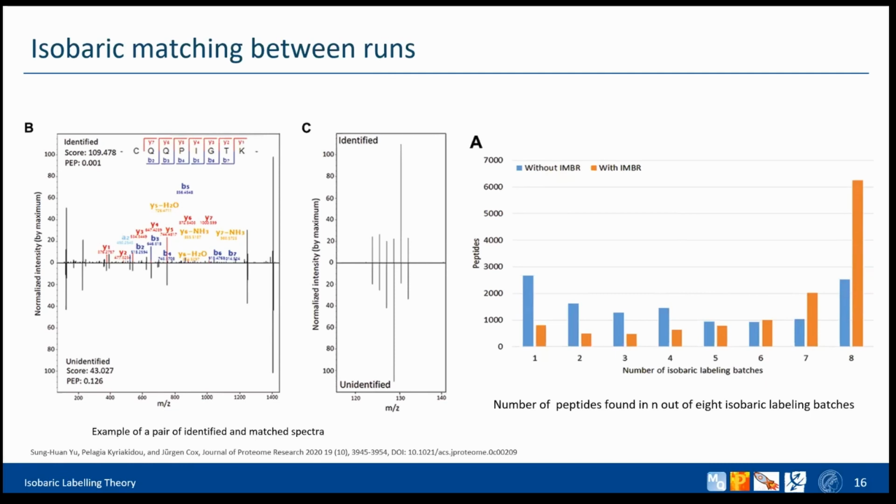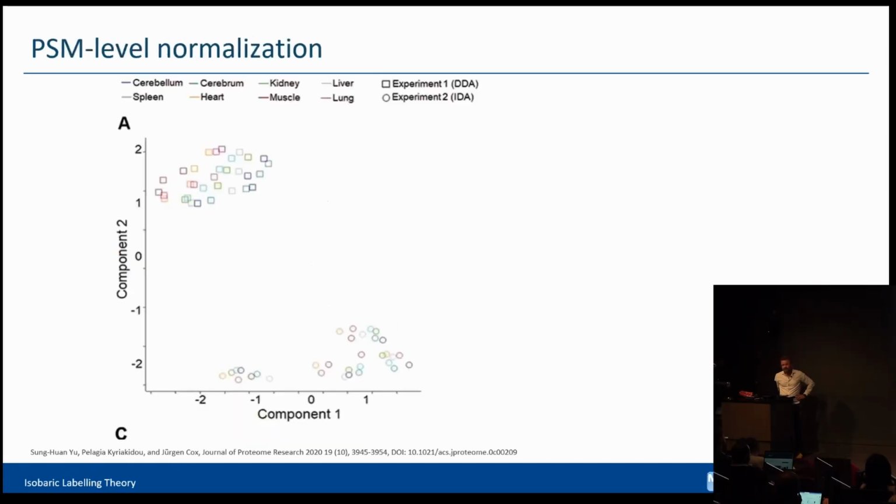Okay, so what else? What else, Carlo? What were you talking about? You were also talking about normalization. That was a big topic in the label-free talk, and this is also a problem when comparing isobaric labeled samples. Here we see different cell types color-coded.